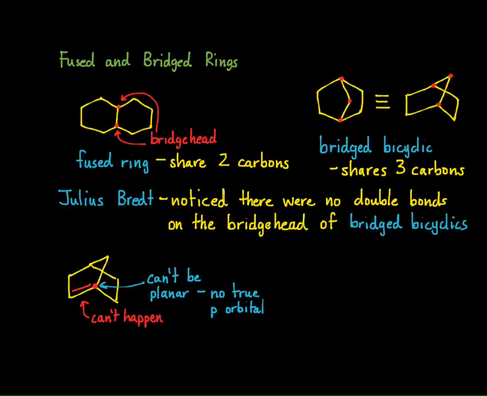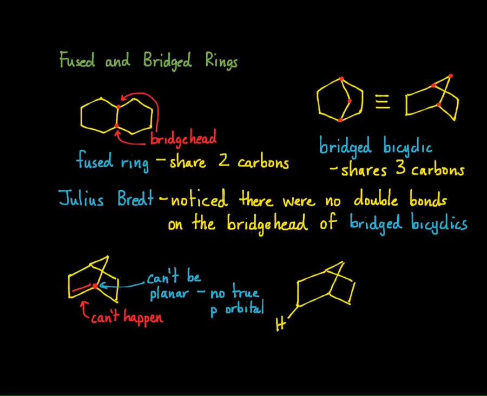And so two things come into play when we rationalize why we can't have a double bond at a bridgehead of a bridged bicyclic compound. We're trying to understand why the chemistry is the way it is, and that's very important to be able to do. So let's think about this.